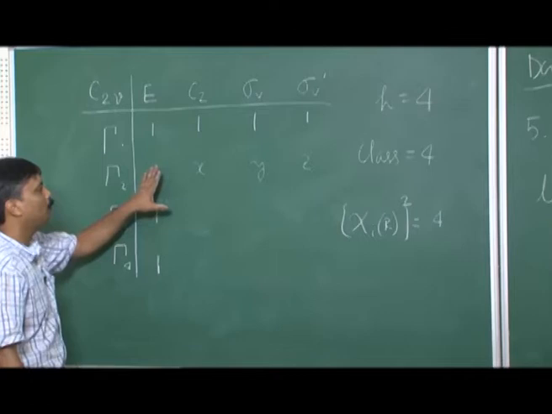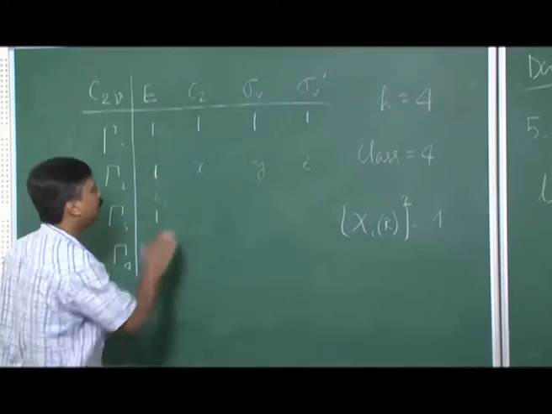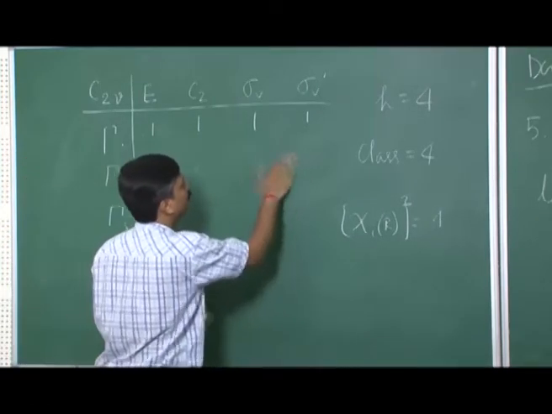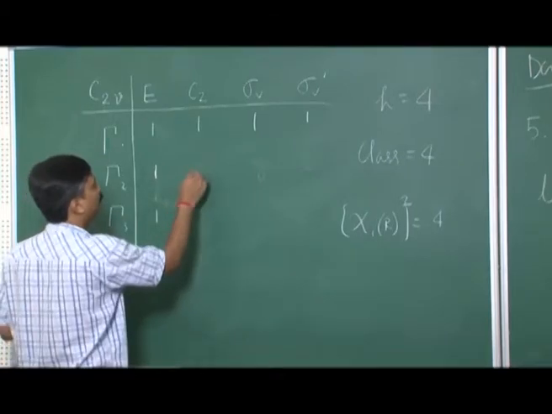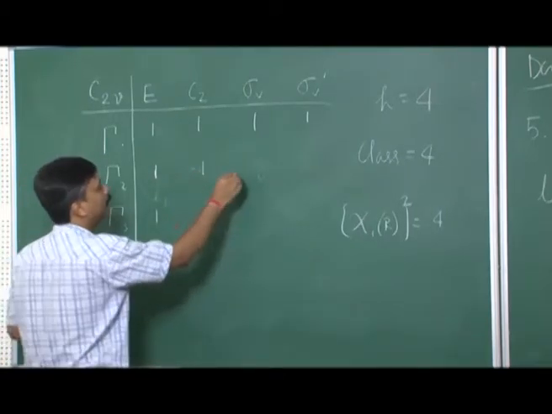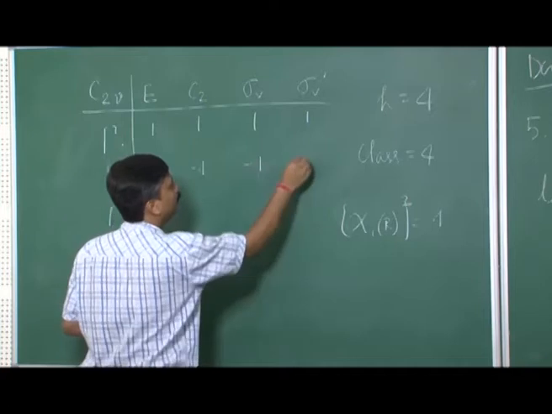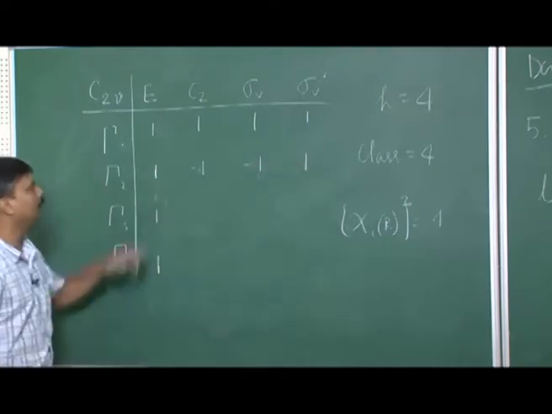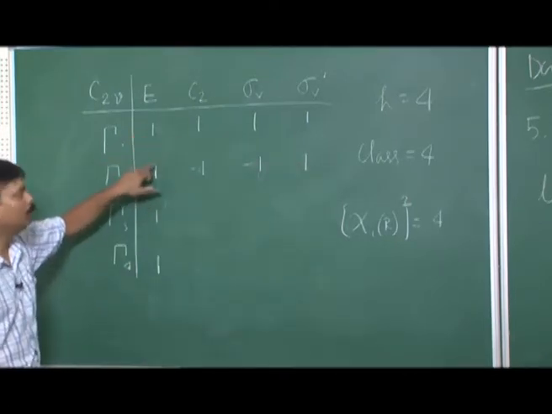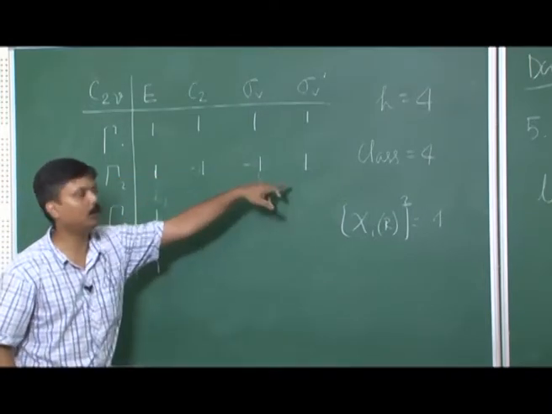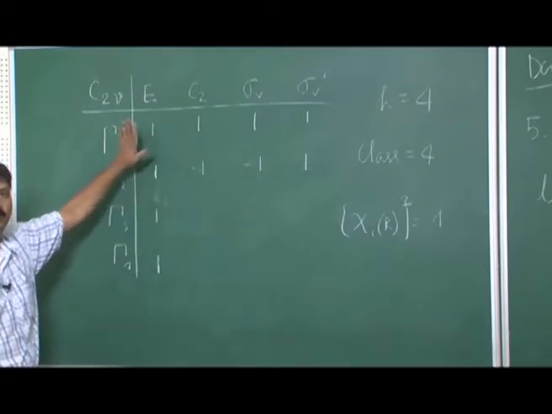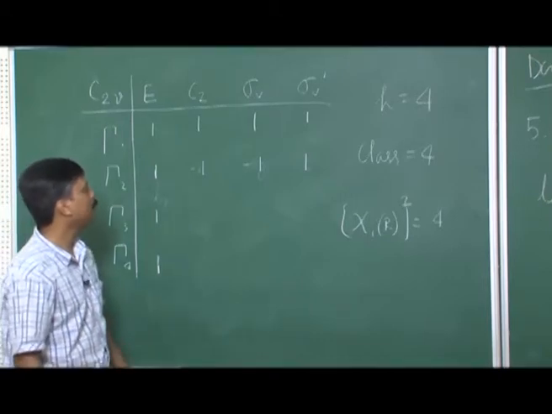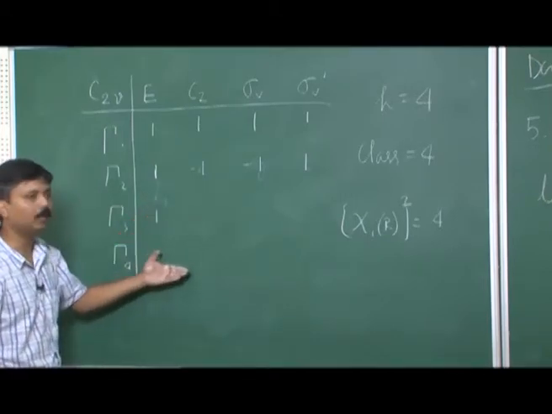So, without worrying about anything else, I can just arbitrarily put minus 1 here, minus 1 here, plus 1 here, and then say 1 into 1, 1 into minus 1, 1 into minus 1 and 1 into 1. So, I get orthogonality verified. Now I have to find the other two.